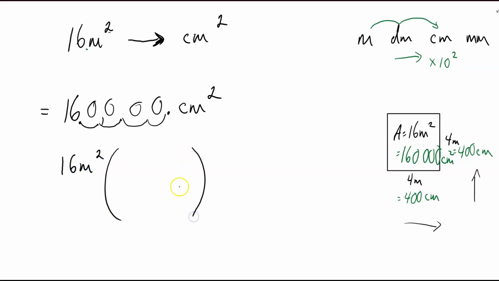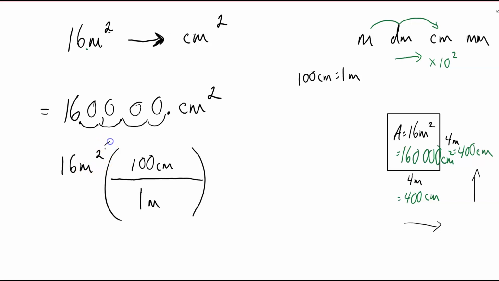In the unit fraction, you can put the relationship between centimeters and meters. 100 centimeters equals 1 meter. So I will put my 1 meter in the denominator so that it will cancel with the meter up here. And my 100 centimeters goes up here.